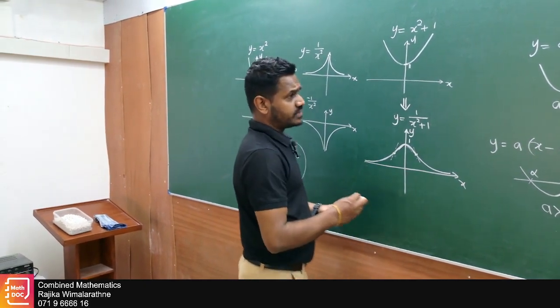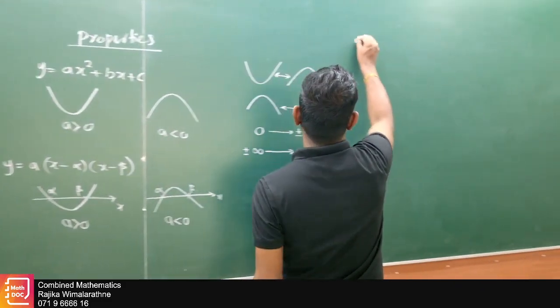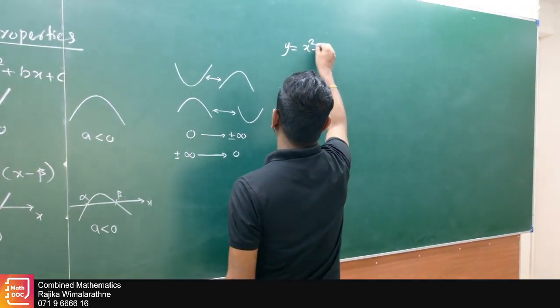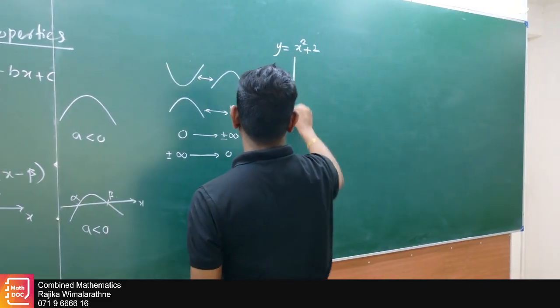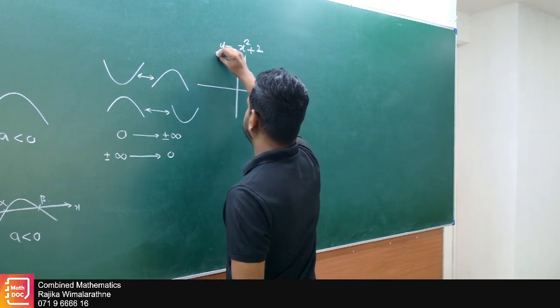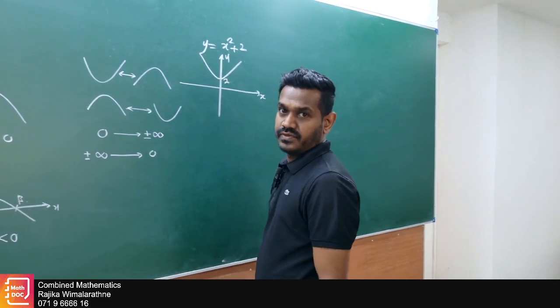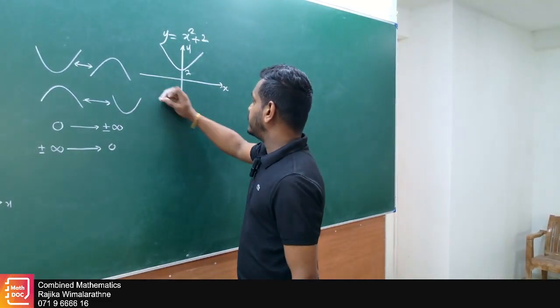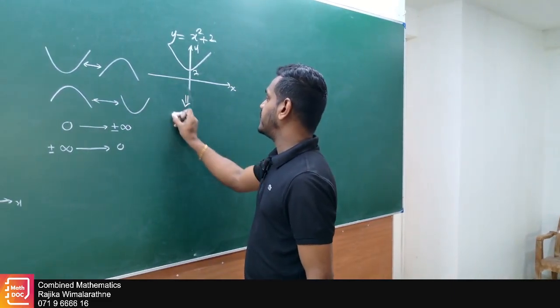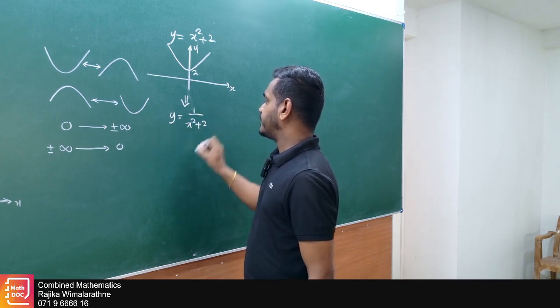Take another expression, y equals x squared plus 2. Here x-axis, y-axis, it goes like this, minimum value 2. So when you get reciprocal, that is y equals 1 over x squared plus 2.